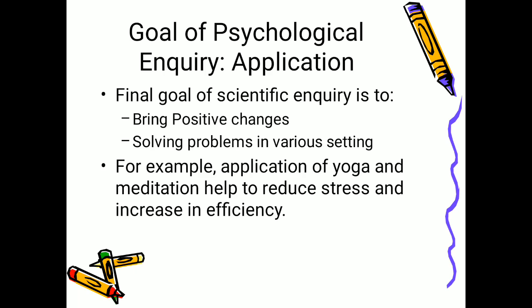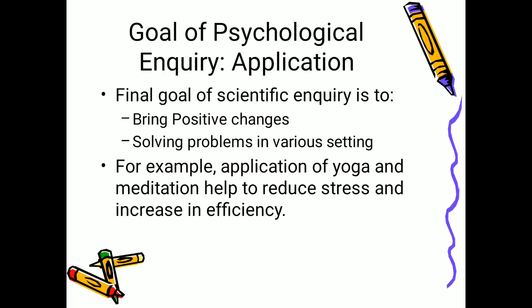It can be in schools, it can be in industries, it can be in organizations, it can be in office settings, it can be in a business. So behavior is applied everywhere. So I need to describe the behavior first, then I need to predict the behavior, I have to explain the behavior, I have to control the behavior as well, depending upon how the situation is, and then I apply it.